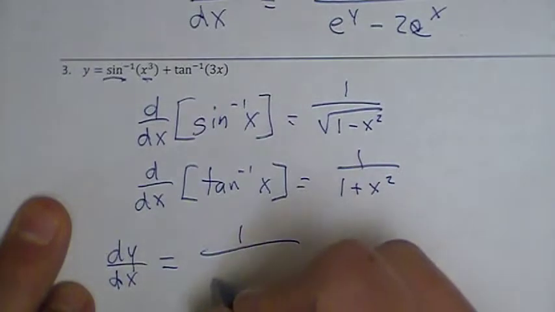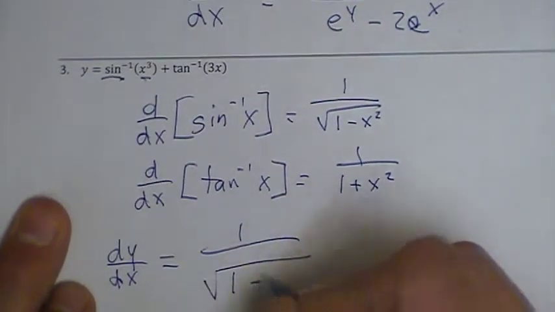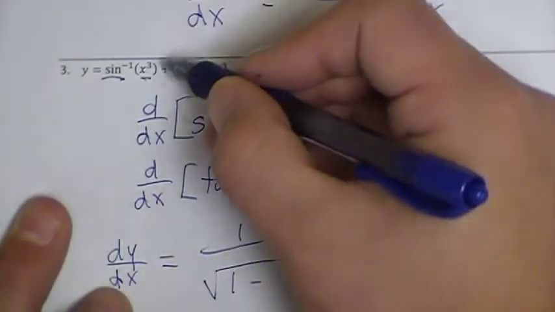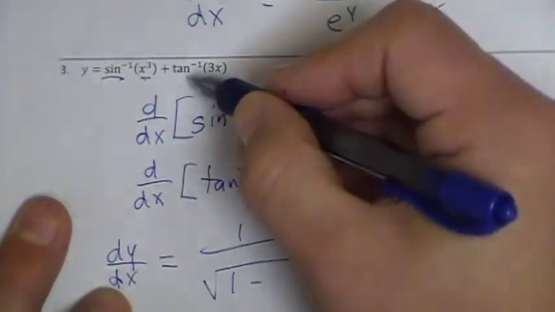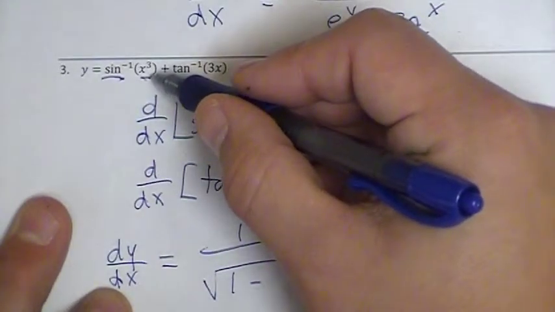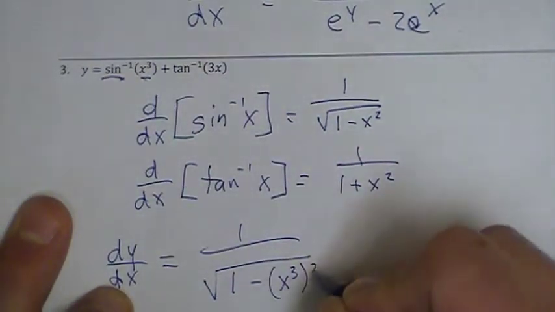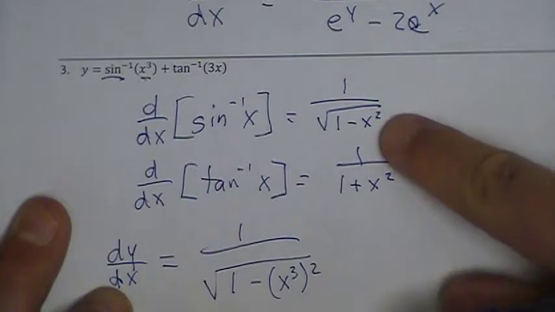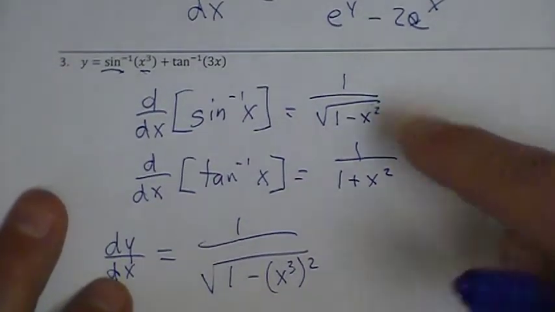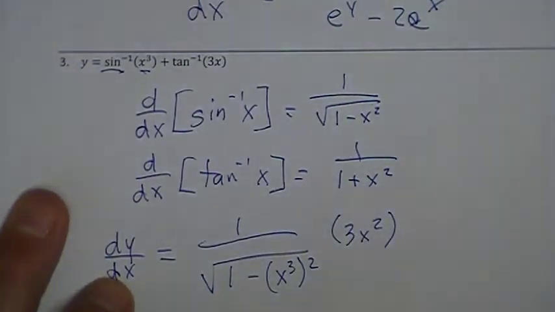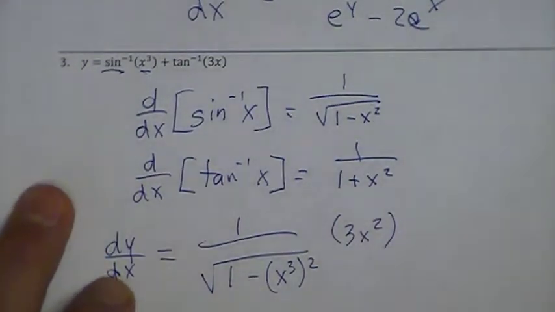So I'm going to have 1 over square root of 1 minus. Now normally I'd have an x squared right here. I'm using this formula along with the chain rule. So I'm going to have to leave the inner function there. And that inner function has to be squared because the x in the formula is being squared. So that's the first part of the chain rule, and then the end of the chain rule would be to multiply by the derivative of the inner function. And the derivative of x cubed would just be 3x squared.